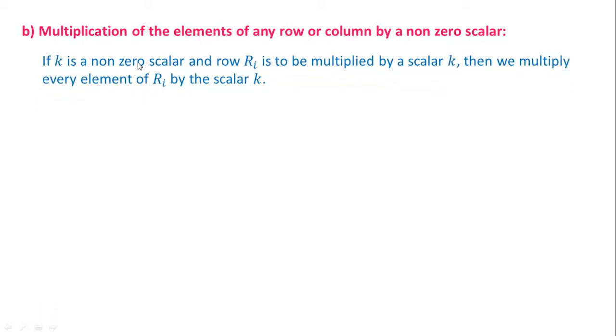Suppose k is a non-zero scalar, any non-zero constant, and the ith row Ri is to be multiplied by the scalar k. Then we multiply every element of Ri by k, so that k gets multiplied with every element of that row.